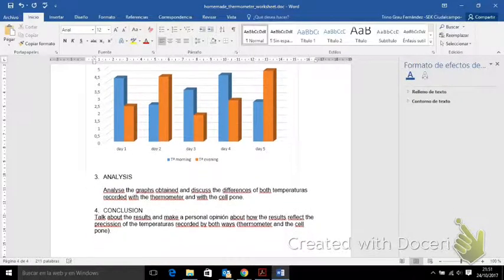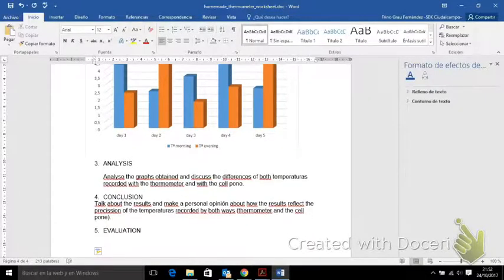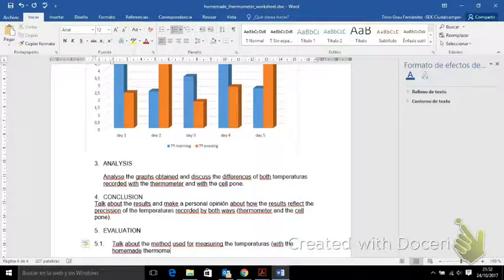Okay, so once you have done the conclusion, you do the evaluation. So in the evaluation, you need to first talk about the method used for measuring the temperatures. So here we measure the temperatures with the homemade thermometer and the cell phone.